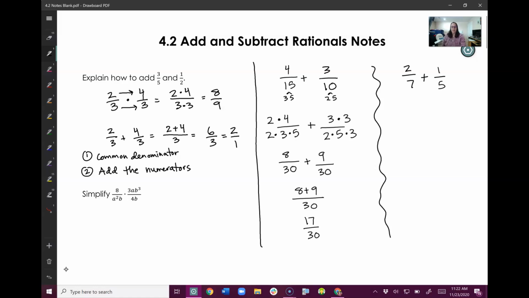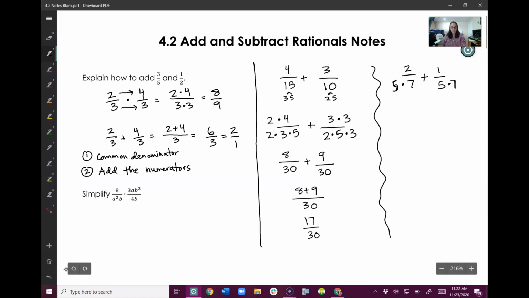So let's try this second fraction example. Once again, we need to get a common denominator. So we're going to factor tree and then multiply by what's missing. But in this case, the 7 and the 5 are as simple as they're going to get. They don't break down anymore. So we get to immediately start at this step, where we multiply by what's missing. So this 5 is missing a 7, and this 7 is missing a 5.